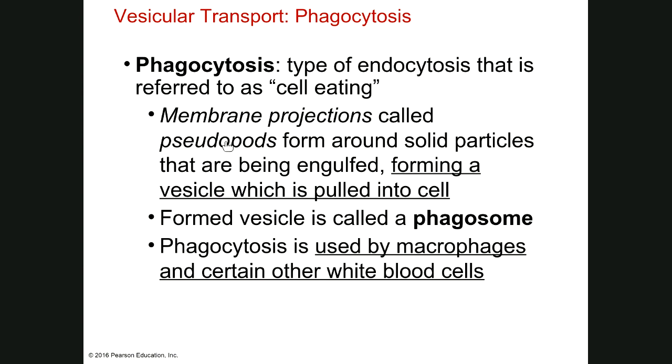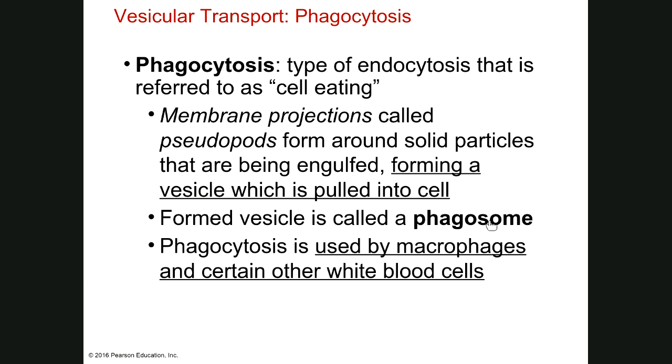And this will envelop or engulf whatever is going to be taken in. Okay, and it brings that substance in, and then the membrane itself is going to pinch off, forming a vesicle. All right, this vesicle is called a phagosome.